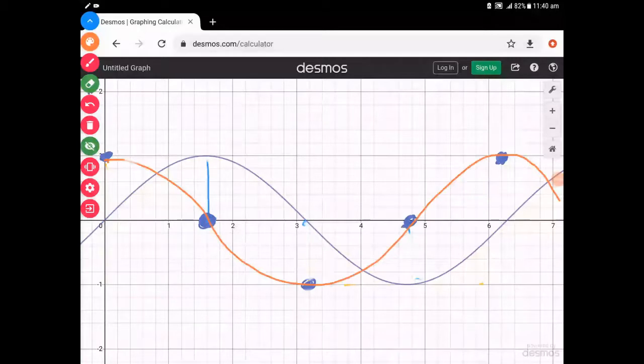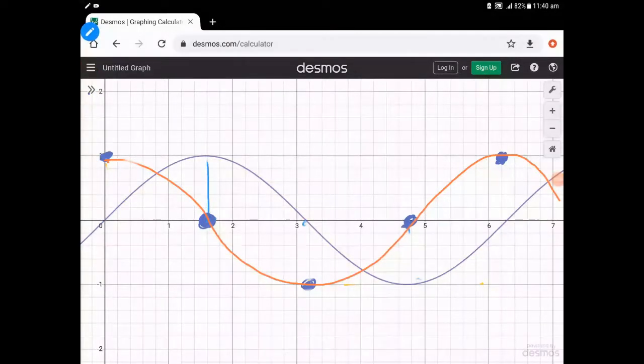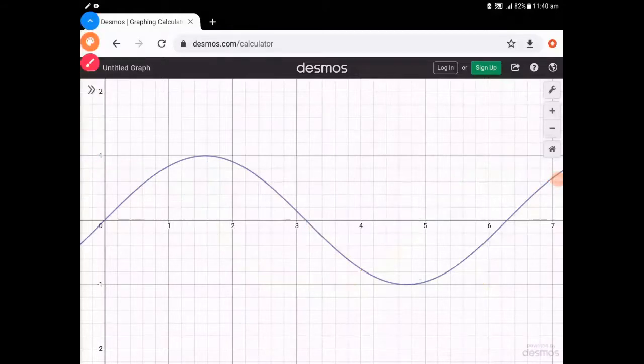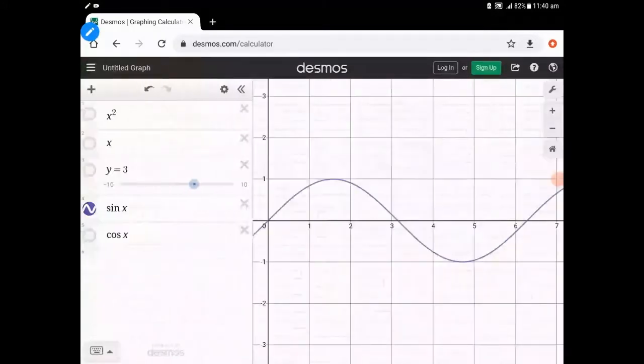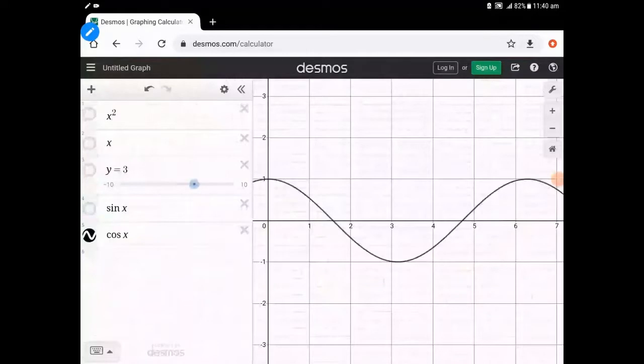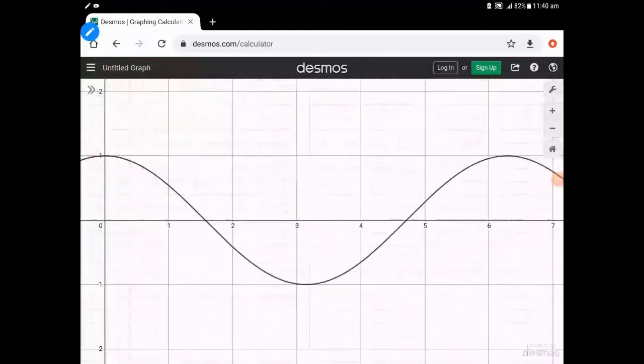Now what is this new graph that we drew? Let me take the sin x off, and if I draw the graph of cos x, this is what I get. Now let me show you what I drew.